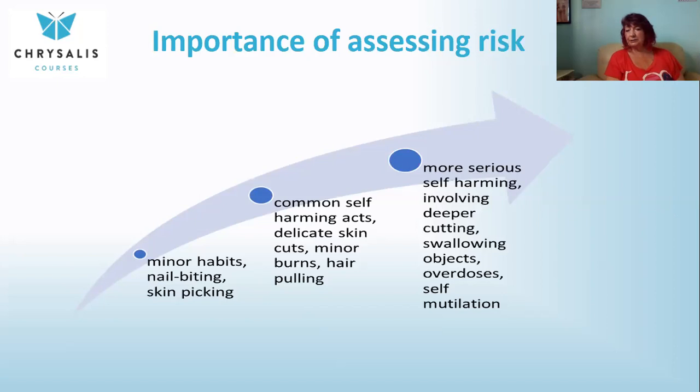And then there's common self-harming acts like delicate skin cuts, maybe minor burns and pulling hair out, which obviously are not good, but they're not as serious as some other behaviours, such as deep cutting, swallowing objects, taking overdoses and actually mutilating yourself. So we're trying to assess the level of risk, and that will inform whether we can work with somebody, whether we need to refer them on, and how we will work with them.